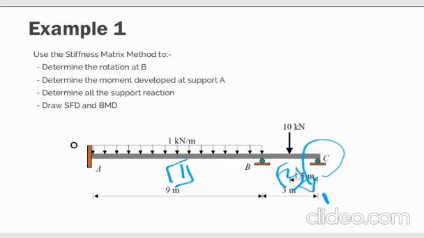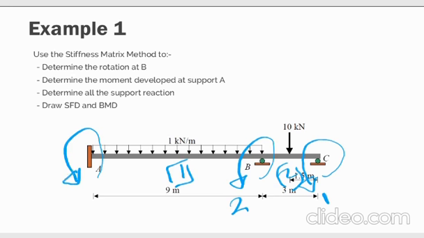So for ease, make this rotation number 1 and this one rotation number 2 at node B. Rotation number 3 will be at point A.